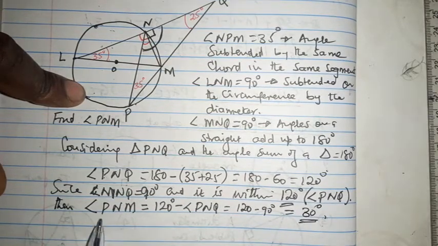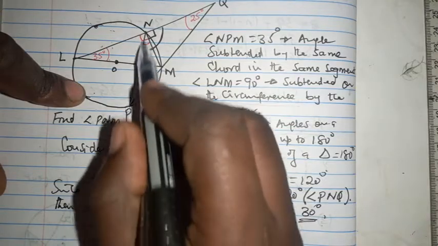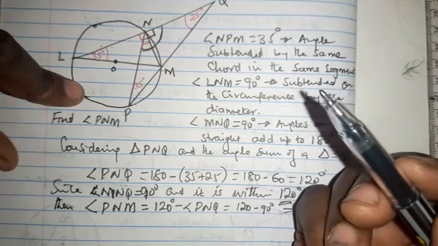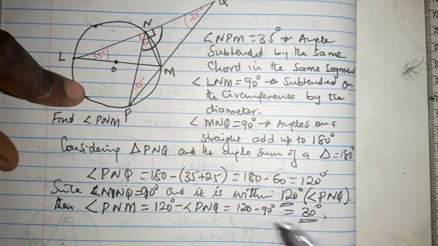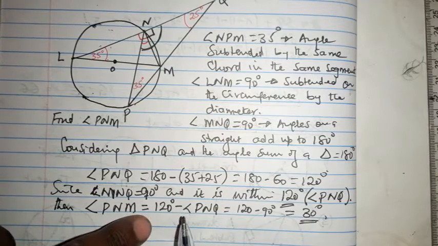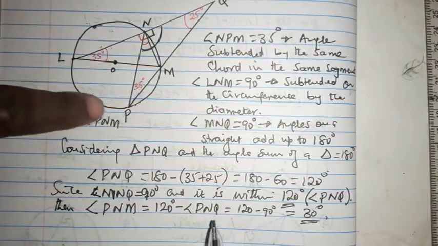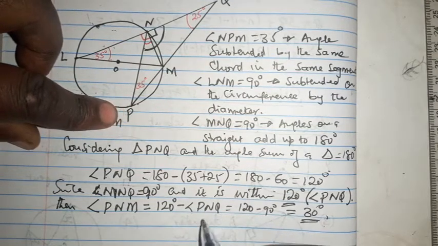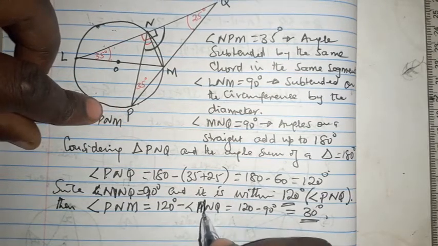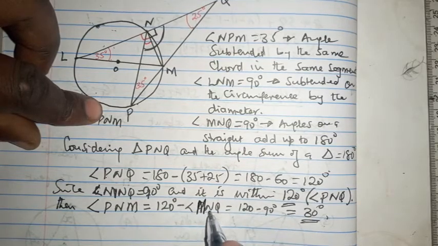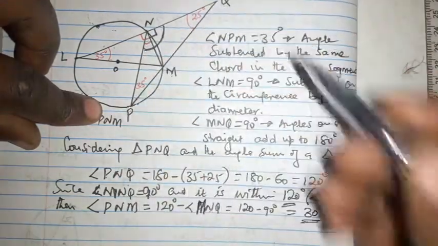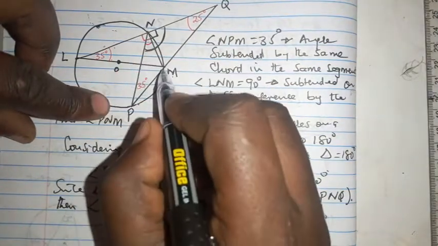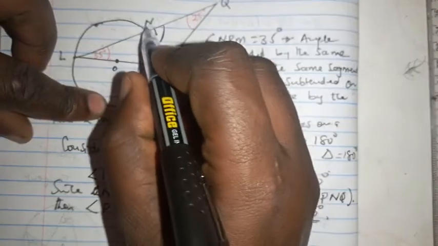So the size of angle PNM is given by the whole angle, 120 degrees, minus MNQ, which is 90 degrees, not PNQ.